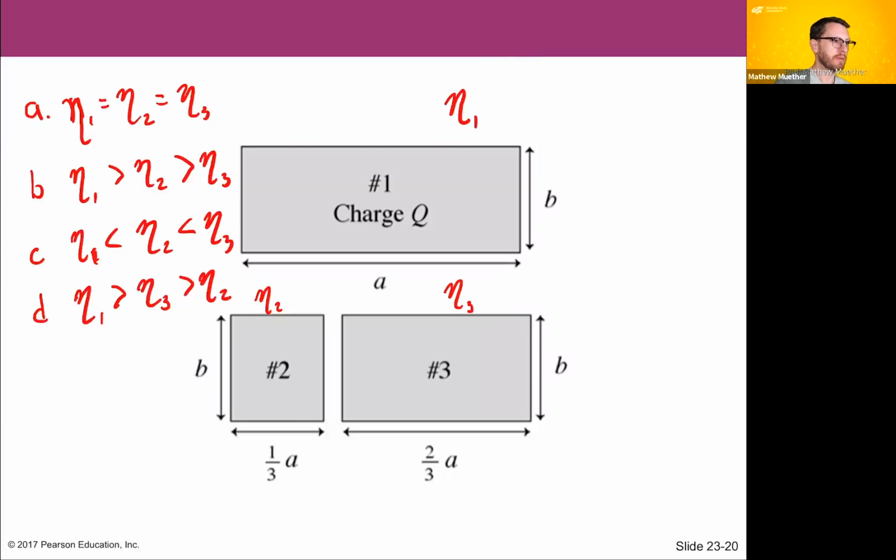Okay. Let's do a quick poll. Which of these is the correct answer here?